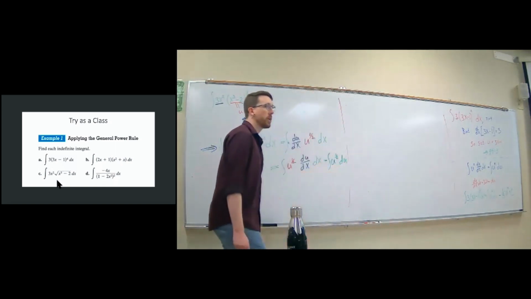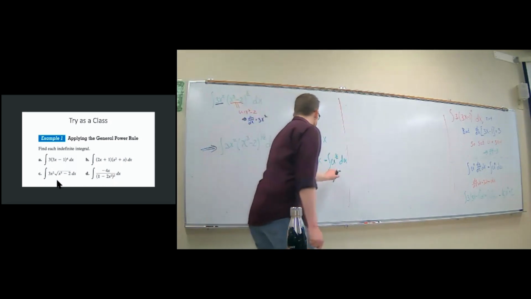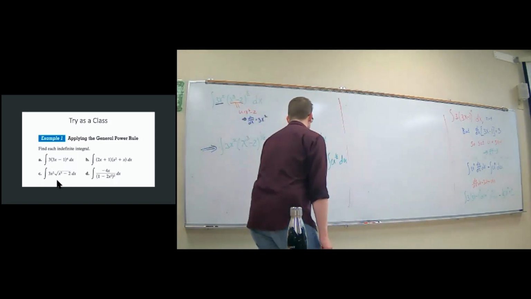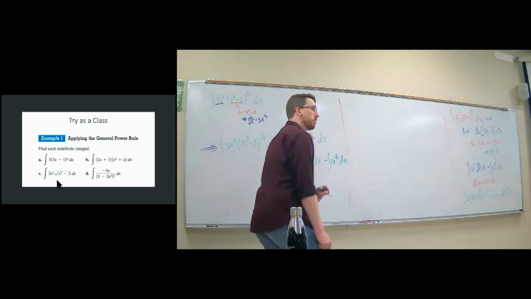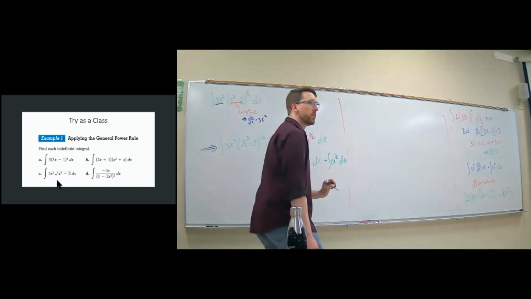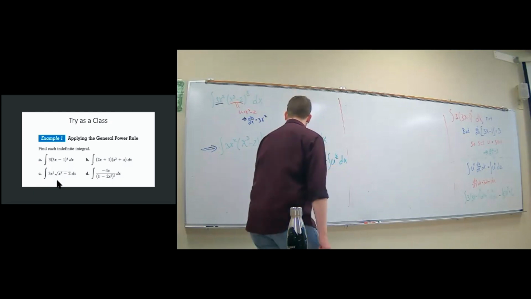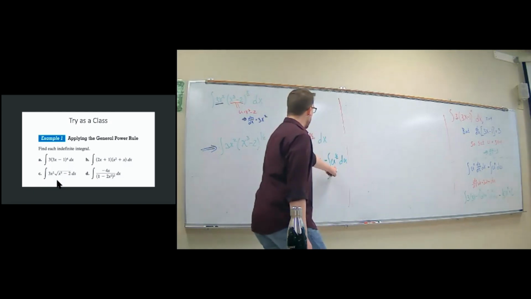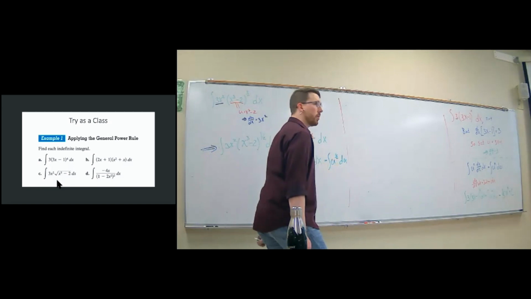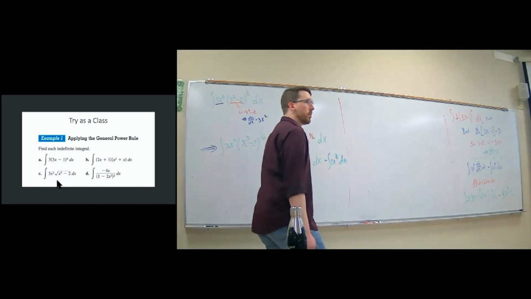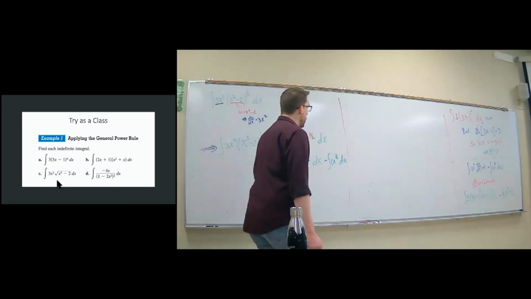Well, that we can do pretty easily. That happens to be equal to, anybody? Nothing, I'm just writing, so I can hear the question. What's the integral of u to the 1/2 equal to? It would be 2/3 u to the 3/2, right?